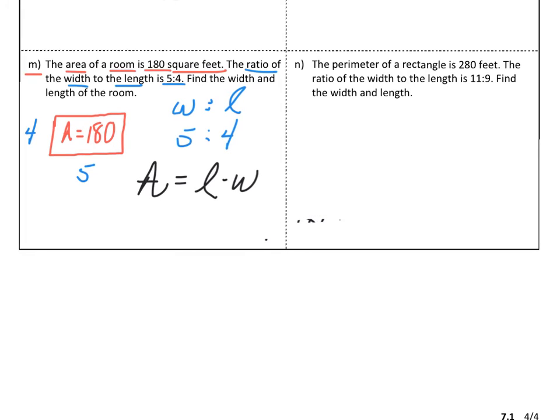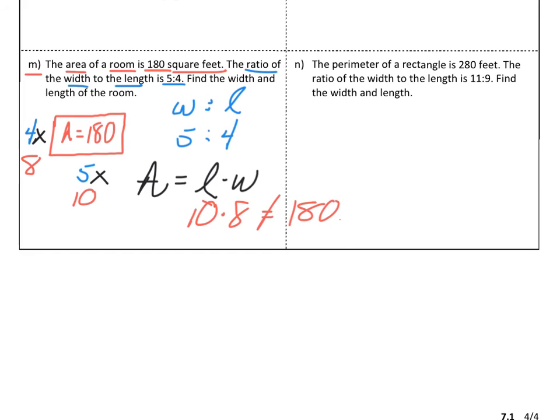So what you need to remember is that it's going to be a multiple of 5. It's going to be a multiple of 4. Okay, so maybe, for example, it's like 8 and 10. But now when I plug them in here, remember, it has to give you 180.